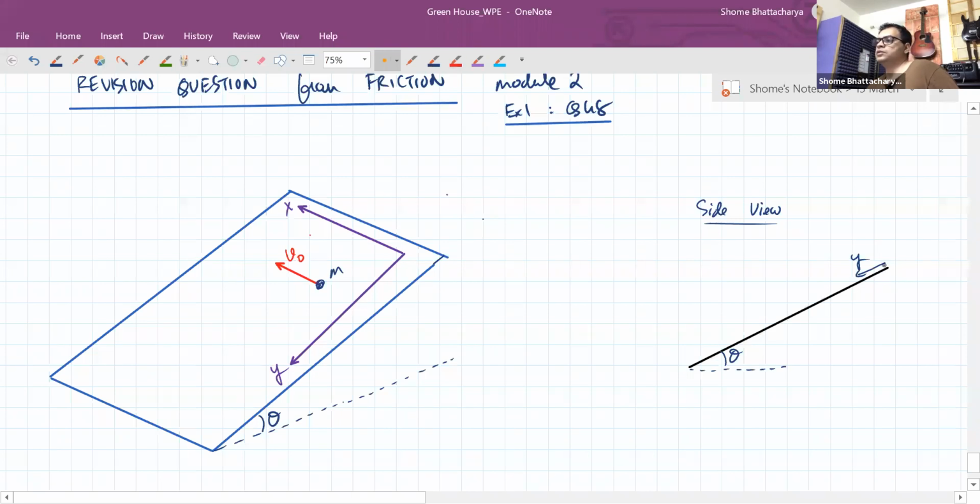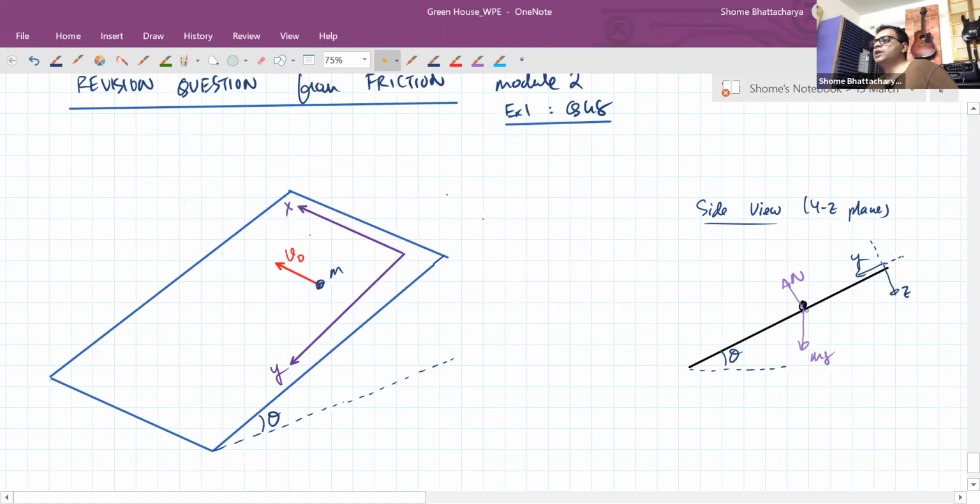So this will be our z-axis. Basically, the side view is the YZ plane. In this view, on the particle kept over here, what are the forces acting? We will see mg acting vertically downwards and normal reaction acting like this.